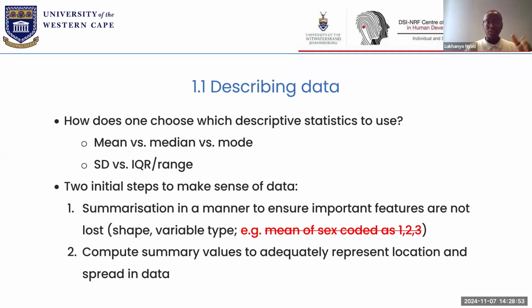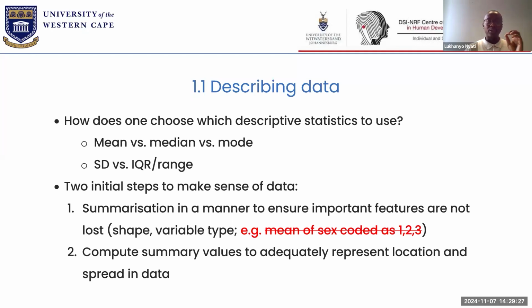As I showed you in the previous slides, your mean and the median and the mode will differ depending on the distribution of your data. If there's an outlier in your data set, the mean will be very sensitive to that, whereas the median is less sensitive to outliers.